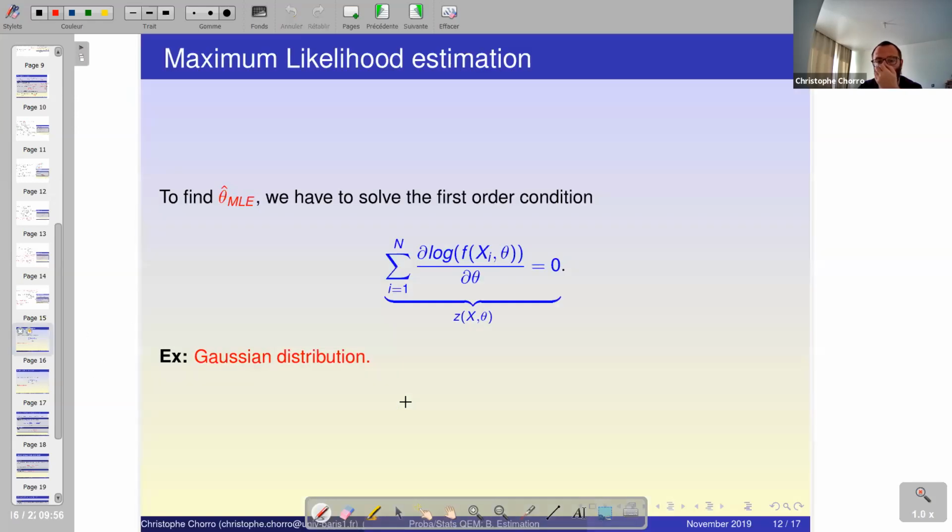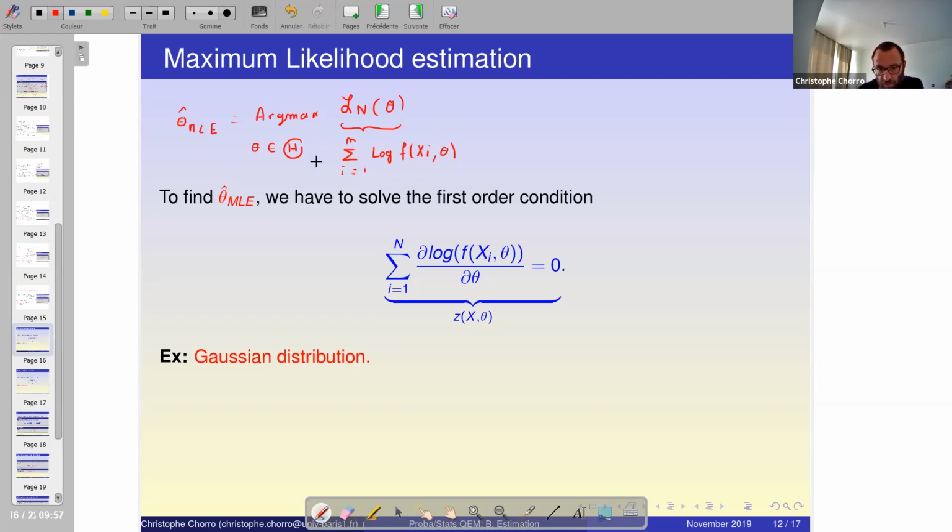So keep in mind that theta ML, the maximum likelihood estimator, is the argmax over theta belonging to capital Theta of the log likelihood, that is just the sum from i equal to 1 to n of the logarithm of f(xi, theta).